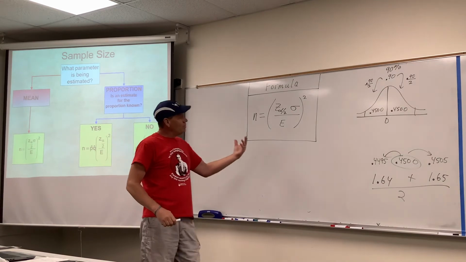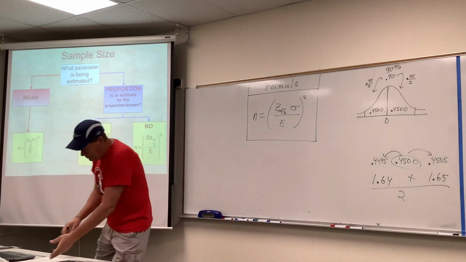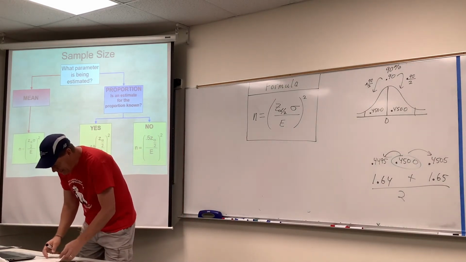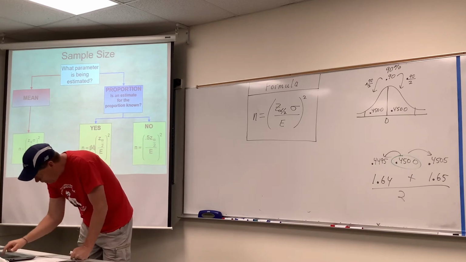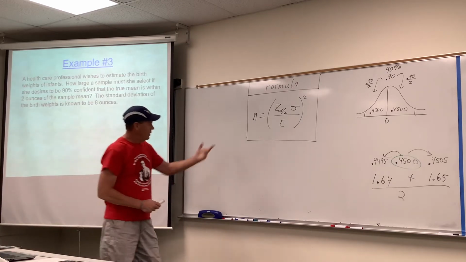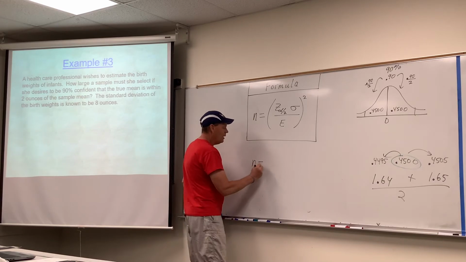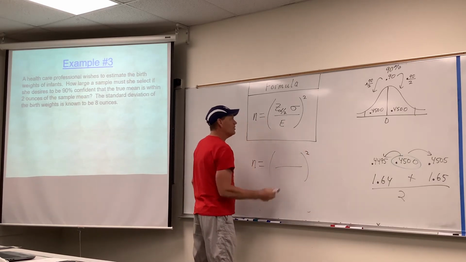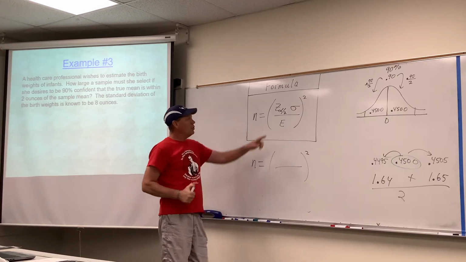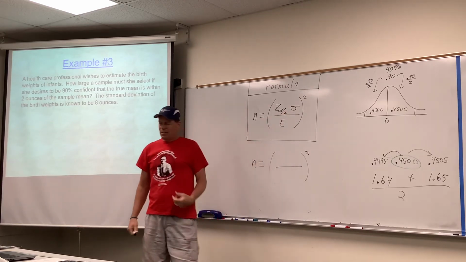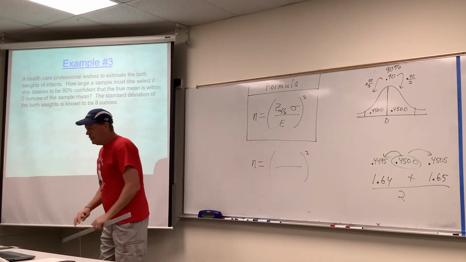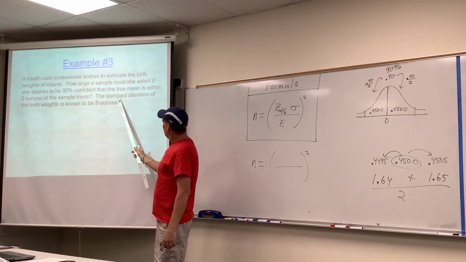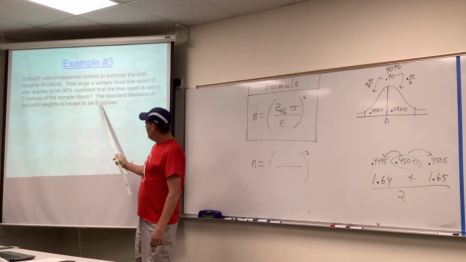Now it's just a matter of plugging the relevant numbers in here and identifying what these different things are. So here's how it would work. Let's start plugging numbers in here. I always save the z-score for last, so let's talk about sigma. I hope you remember that the symbol sigma is the symbol for the standard deviation. And right here it says the standard deviation is 8 ounces.